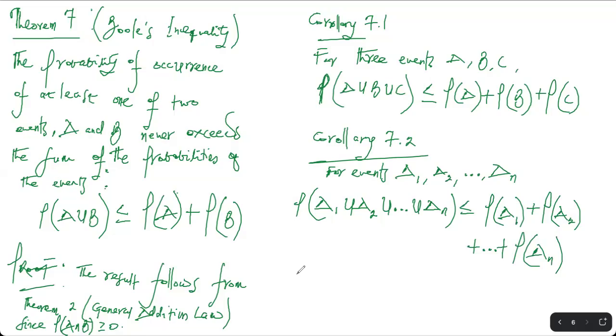Or simply, we can say that the probability of the union will be less than or equal to the sum.